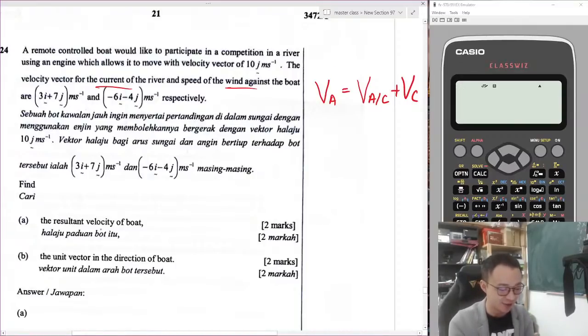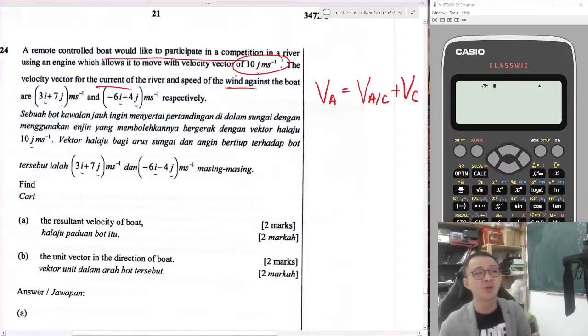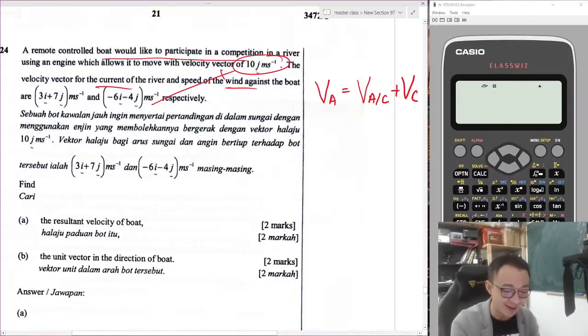In order to find the resultant vector, you can see the first vector they give you is the boat moving with a velocity of 10j. You should know this 10j is basically the boat moving on the water itself. So this one already has the wind and water added.